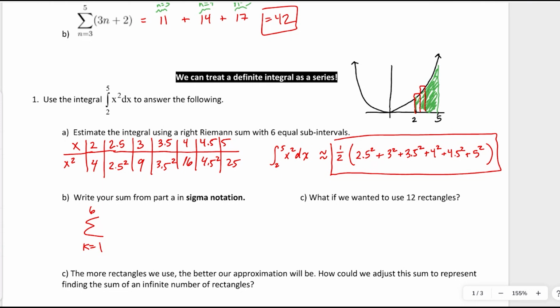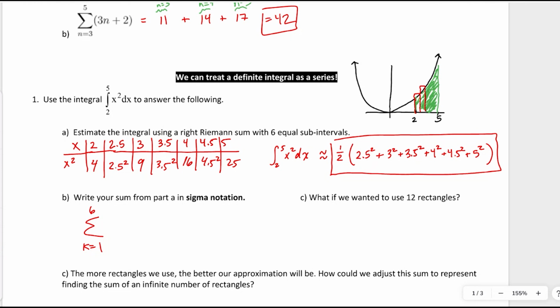And what we did is we multiplied base times height. The way that I wrote it in part A, maybe not the best way to translate this, but it just took a lot less space than writing 1/2 times, 1/2 times, 1/2 times every time. But each one of these terms is 1/2 times that height, right?